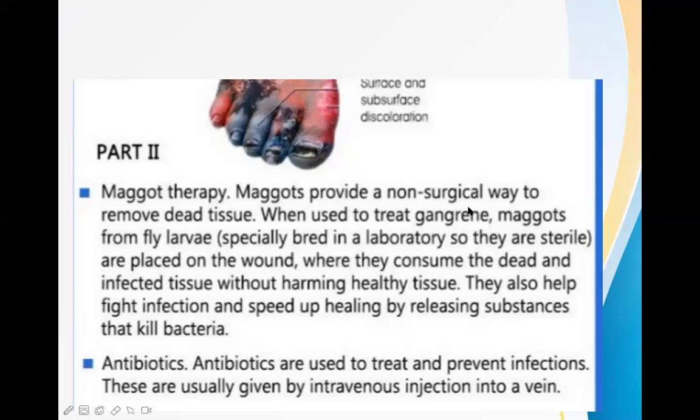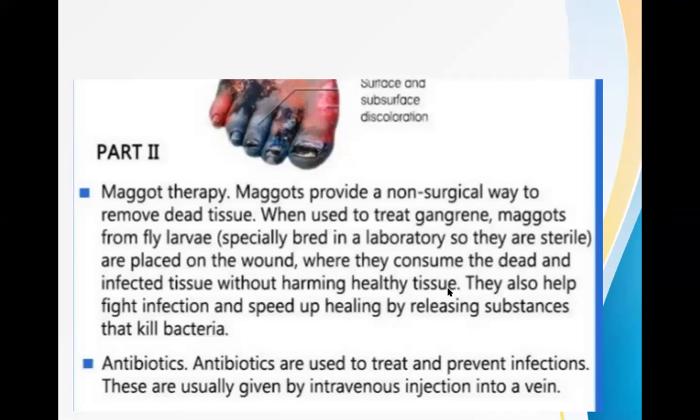These provide a non-surgical way to remove the dead tissue. When we put these maggots on that gangrenous area, they consume the dead and infected tissue without harming the healthy tissue. That's the special characteristic of those maggots. They only eat the dead and infected tissue, and they don't do any damage or harm to the healthy tissue.